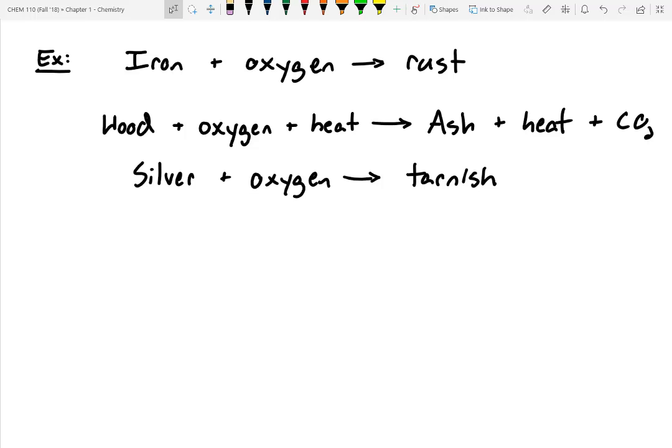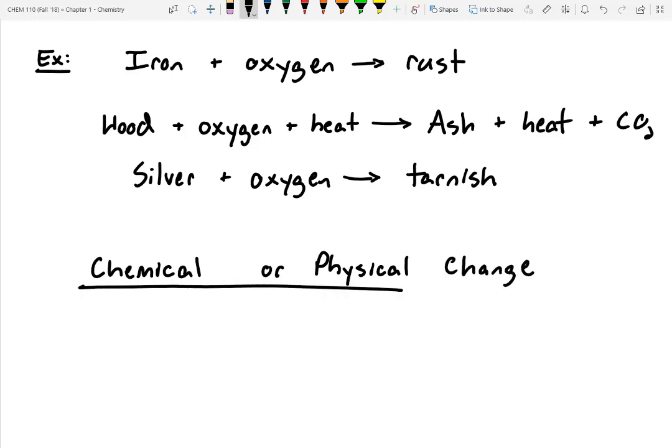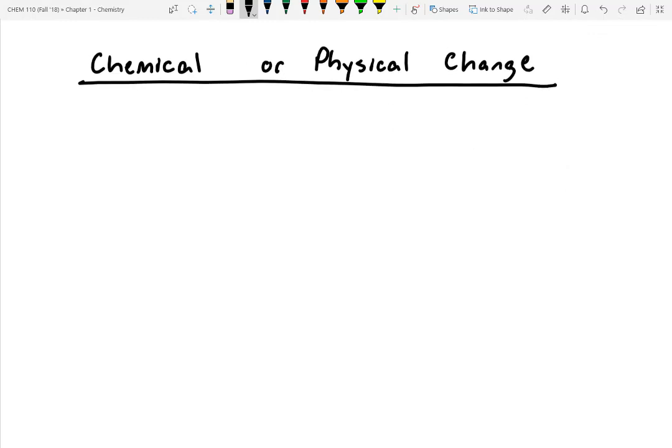I want you to help me with some of these. And I want you to help me describe if it is a chemical or a physical change. So the key thing is, are you making a new type of matter during this change? So the first one, and you don't need to answer right away, we'll maybe pause and think about these, is frying an egg.